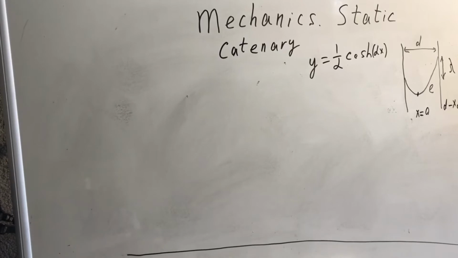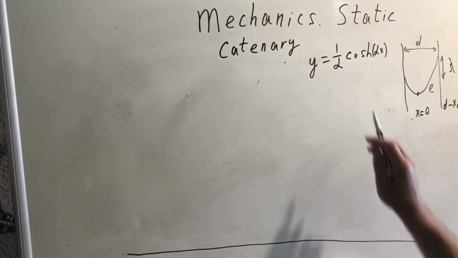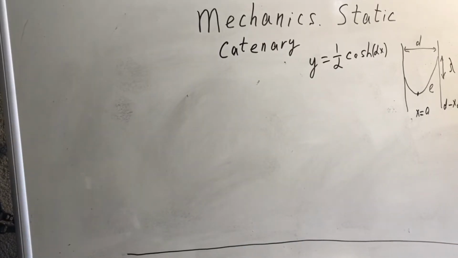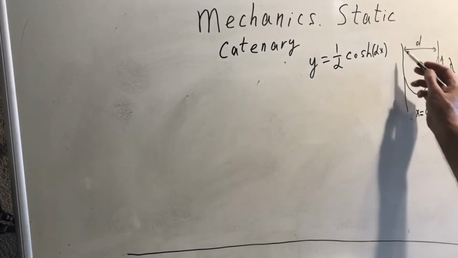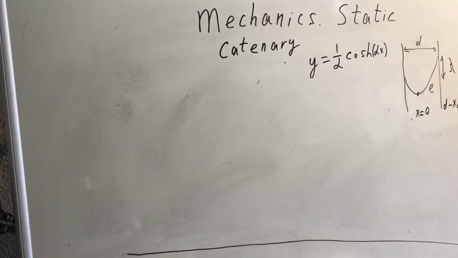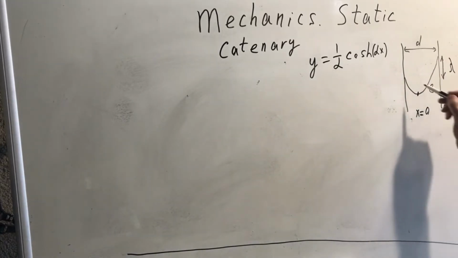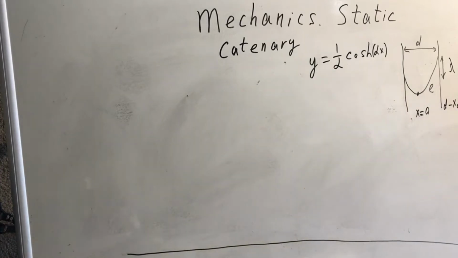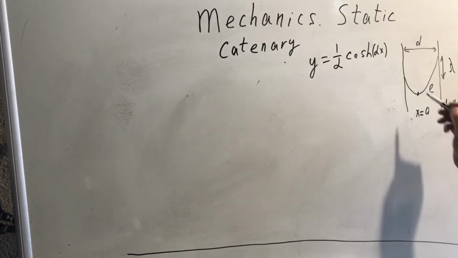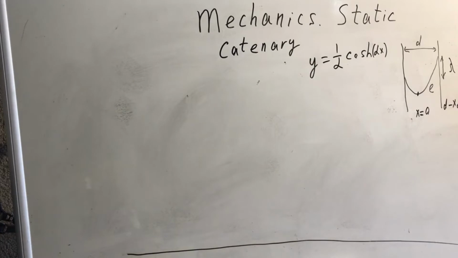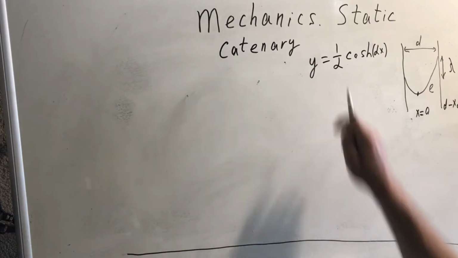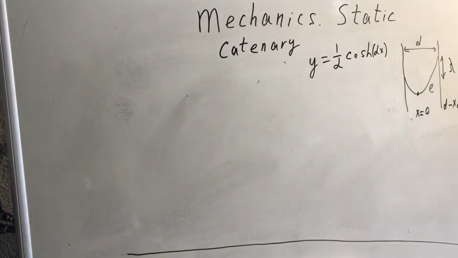Next problem, we need to find what this coefficient alpha is if the distance between walls is d, the height difference between the two points is lambda, and the length of our chain is L. So we need to find the coefficient alpha.